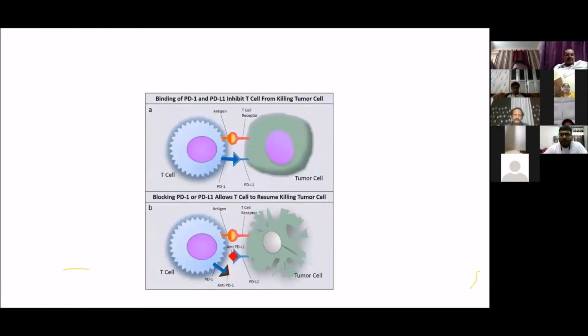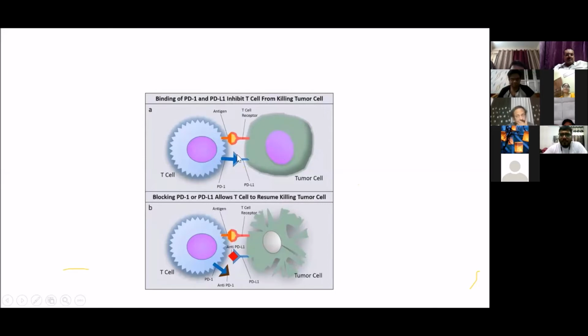The second checkpoint inhibitor is when the active T cell attacks the tumor cell. So the T cell has a programmed death 1 receptor, PD1, on it, which binds to PDL1.